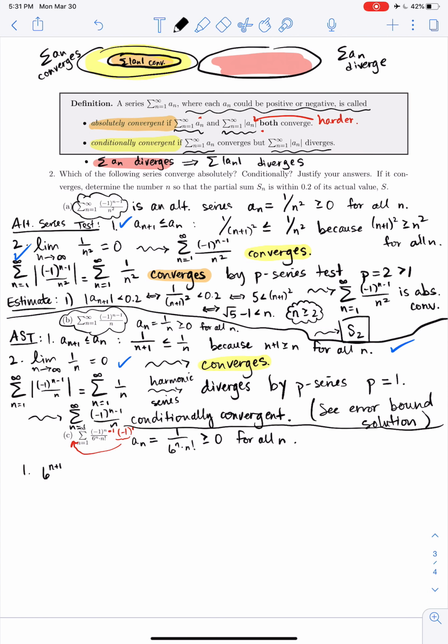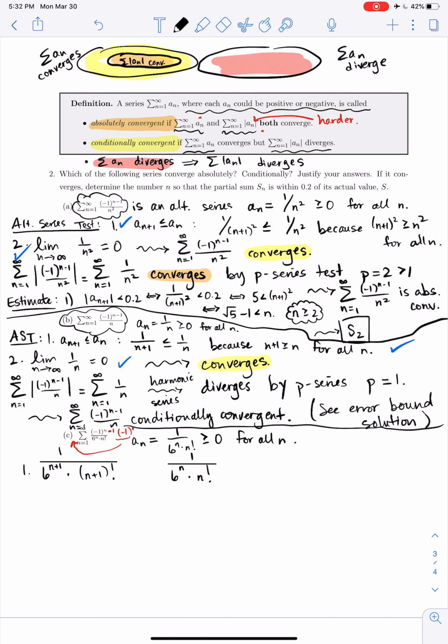The n plus first term is 1 over 6 to the n plus 1 times n plus 1 factorial, and we would like to compare that to the previous term in the sequence, which is 1 over 6 to the n times n factorial. Okay, oops, these should be in the denominators of some fractions there.